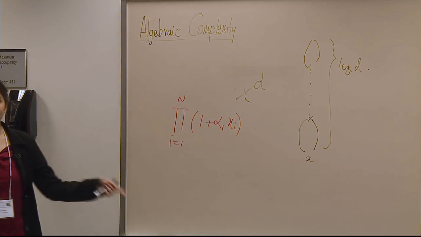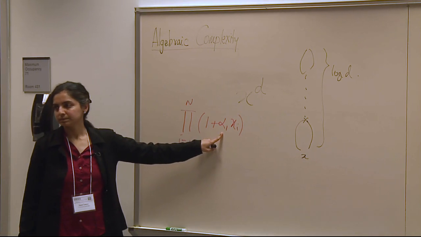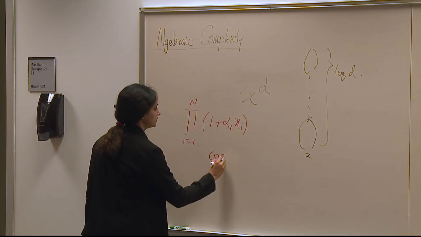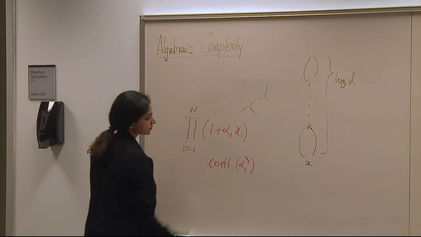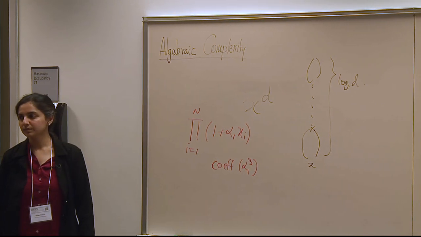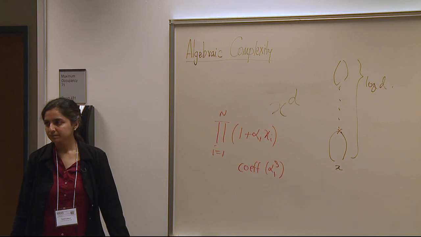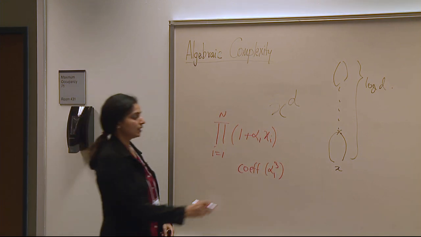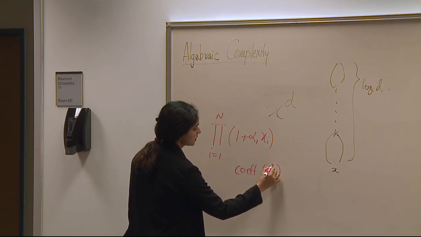Let's try to analyze what's the coefficient of alpha 1 to the 3. It's the elementary symmetric polynomial of degree 3. Let's look at the coefficient of alpha 1 to the square.